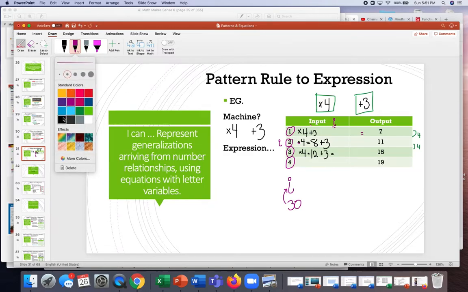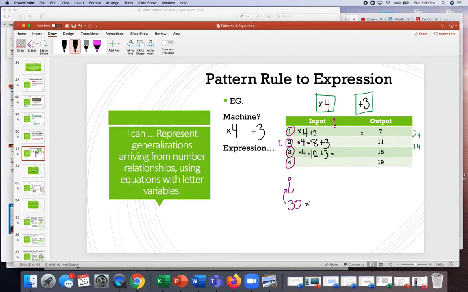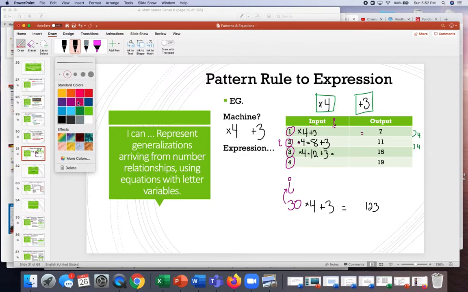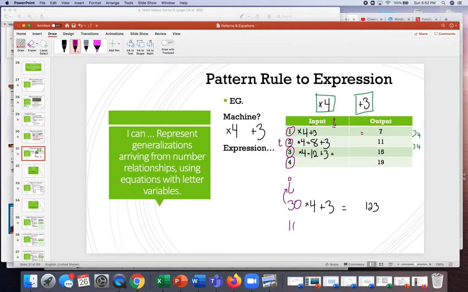We use our pattern rule: times 4, then whatever we get plus 3 gives us our answer over here. So 30 times 4 is 120. 120 plus 3 is 123.